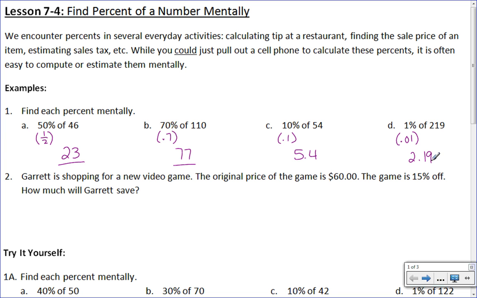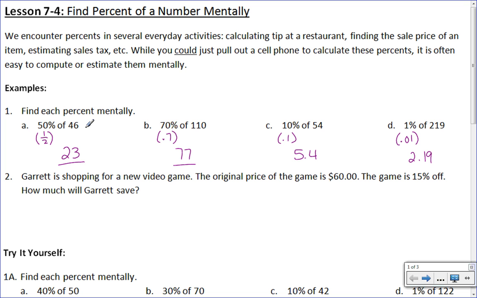So for some of these percents, it's easier to just change to a decimal and do the calculations that way. Some percents are easier to think of as fractions, and it's helpful to convert those that way.